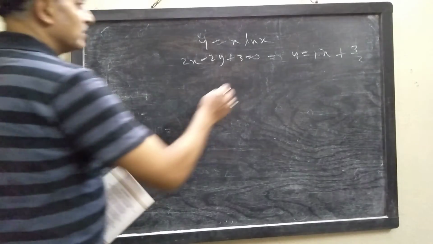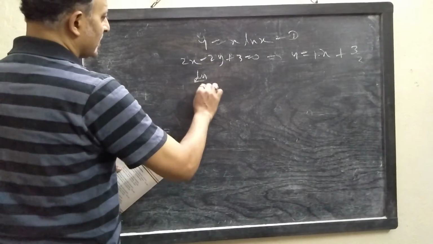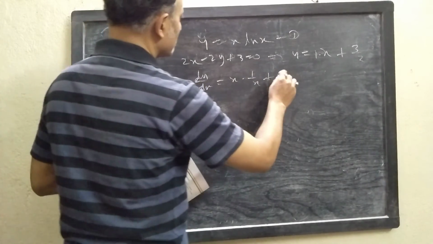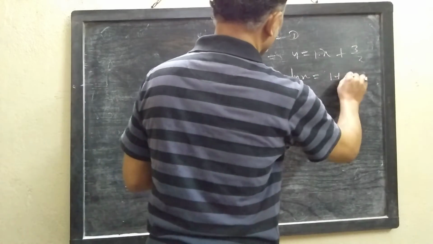So from 1 we have dy/dx equals x into 1 by x plus 1 into ln x, that is ultimately 1 plus ln x.